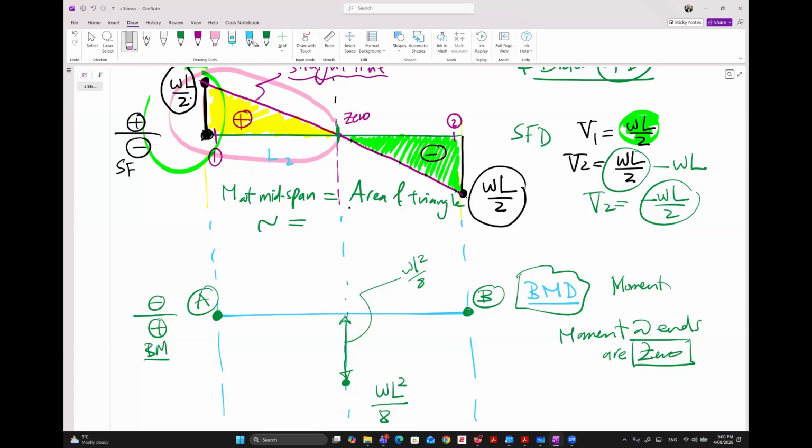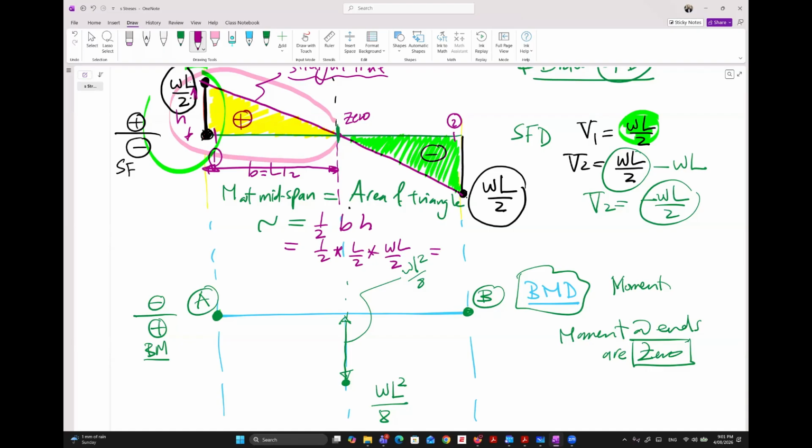What is this span equal to? This is half of the beam span, so it is L/2. The area of the triangle will be half BH, where B is the base and H is the height of the triangle. So it will be half times L/2 times WL/2.